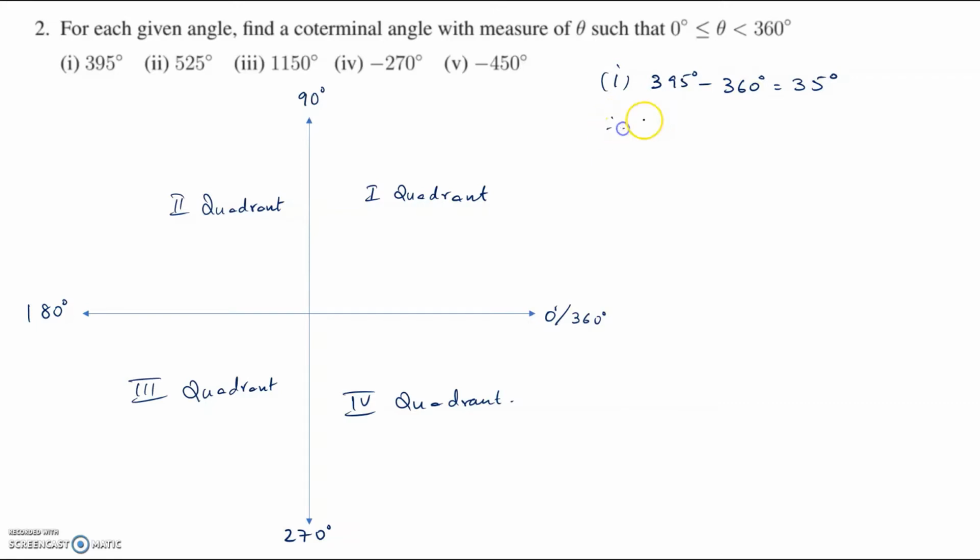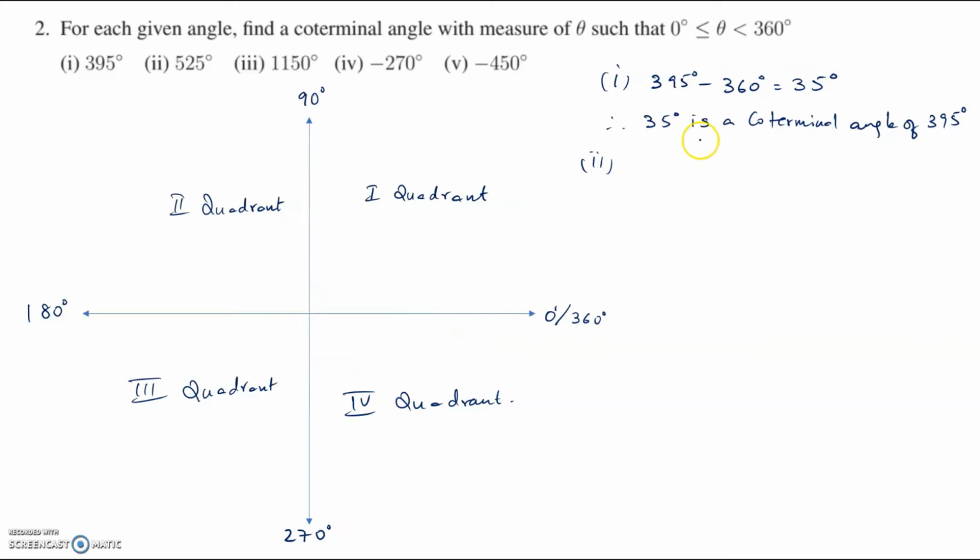Therefore, 35 degrees is a coterminal angle of 395 degrees. The second question, 525. So we know that 2 cycles will be 720.